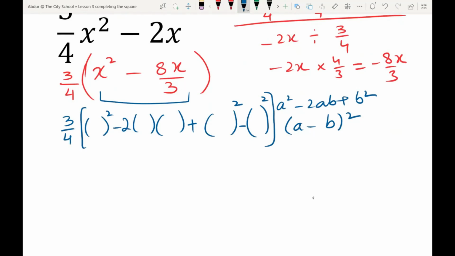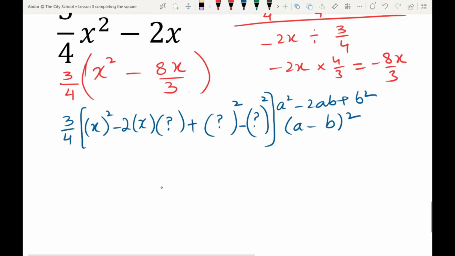So a is x here, and b is unknown, so a square minus 2ab, b is unknown. I'm going to write the question mark here. We can find the question mark by comparing the second term with 2x times question mark.